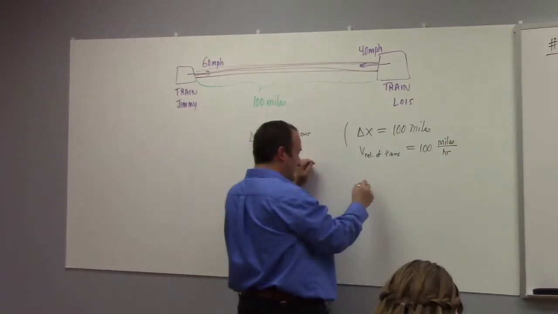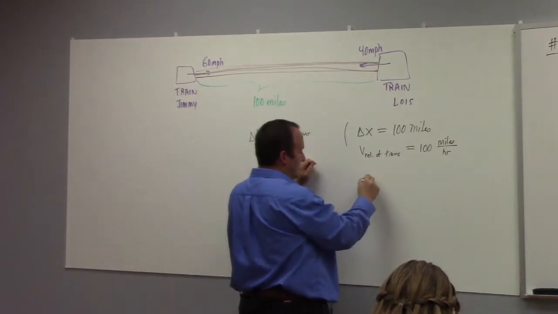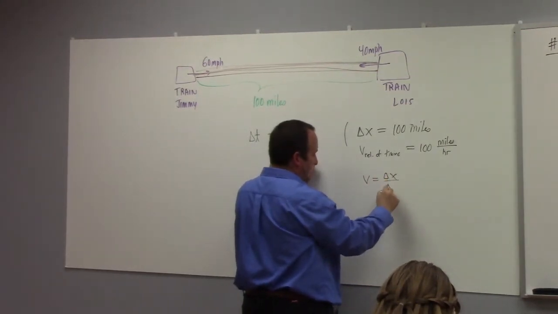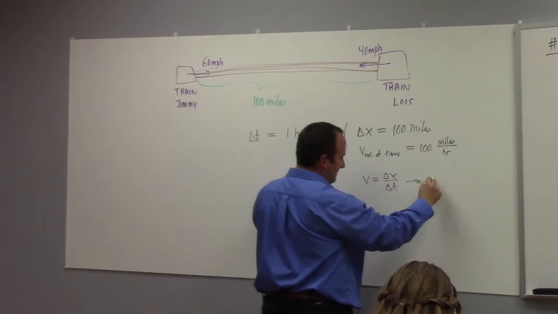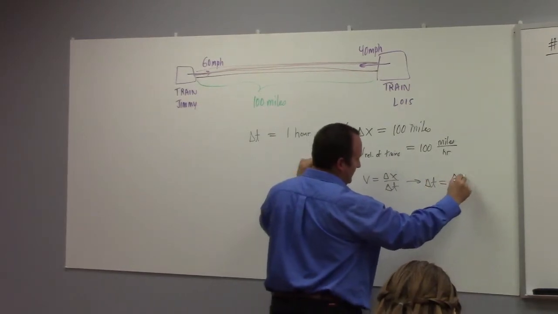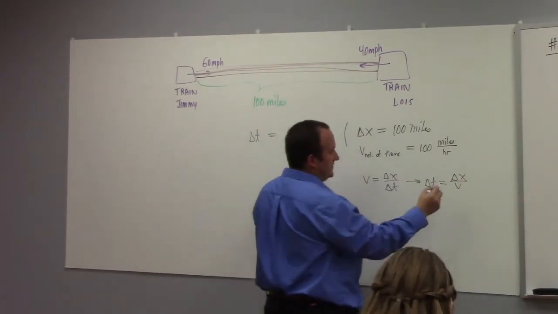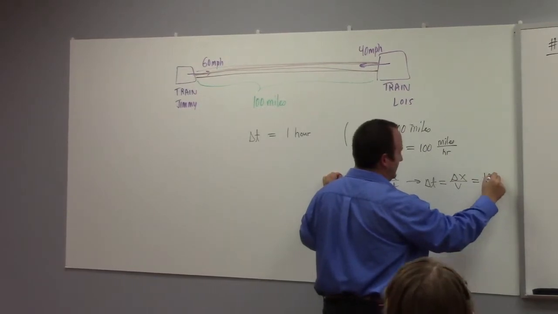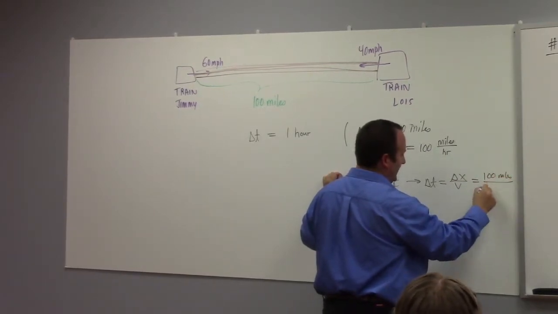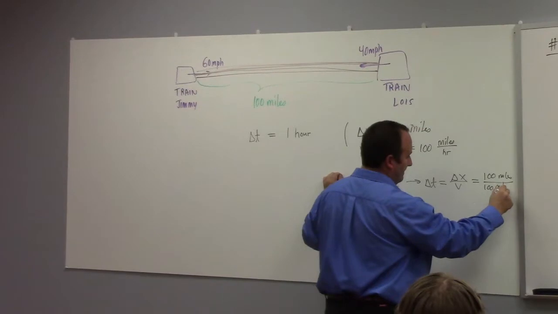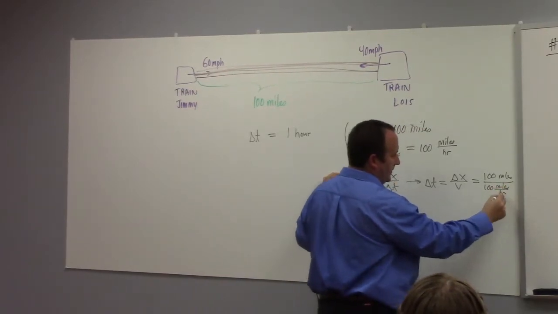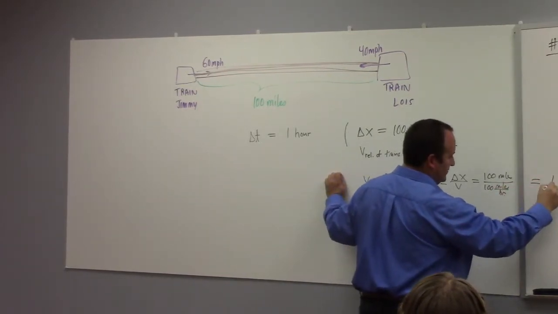And then so how's it go? V is equal to delta x over delta t. So delta t is equal to delta x over v, which in this case was 100 miles divided by 100 miles per hour, which is equal to 1 hour.